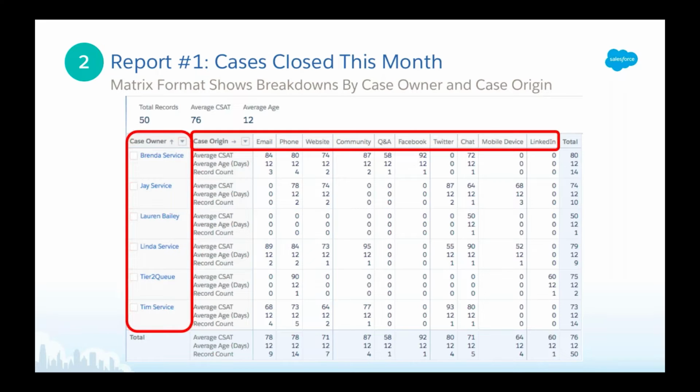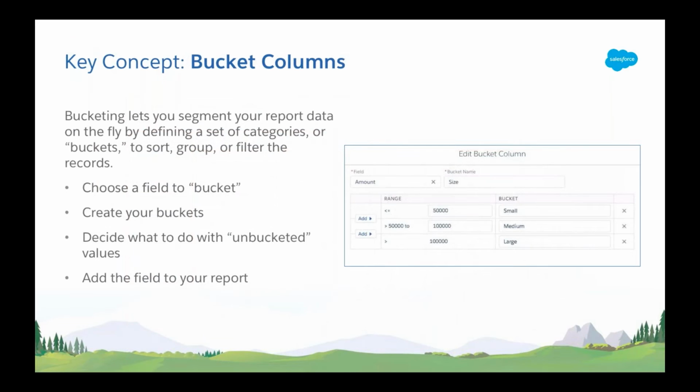Now, let's say Mark tells me, in reality, even though cases can be submitted in so many different ways, email, phone, website, community, Q&A, so on and so forth, that's a little too granular for what he wants to keep track of. Let's say there's only 4 or 5 different major channels that he wants to track his team performance on. So that brings us to a key concept of bucket columns.